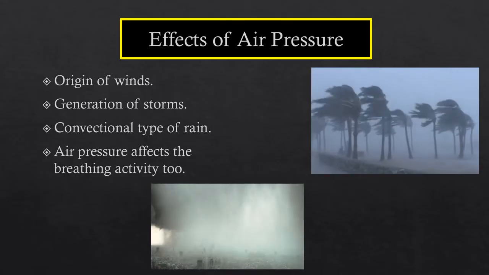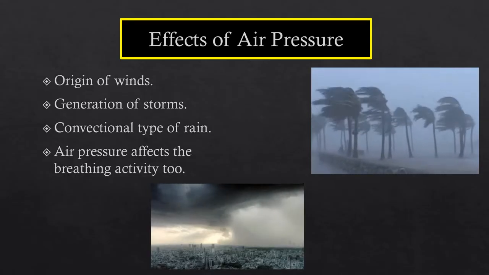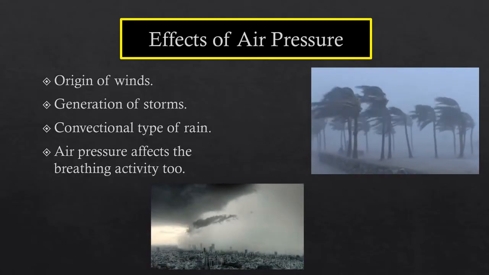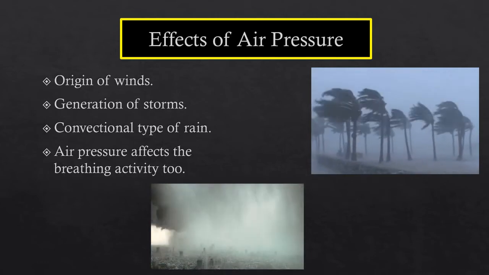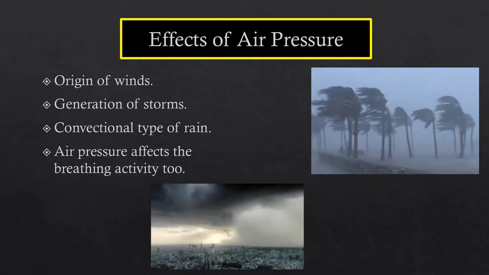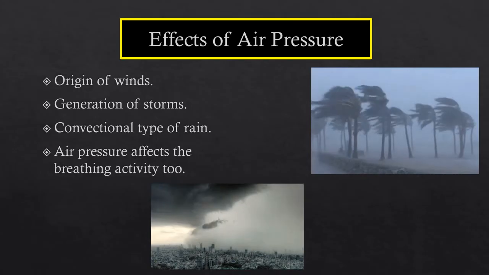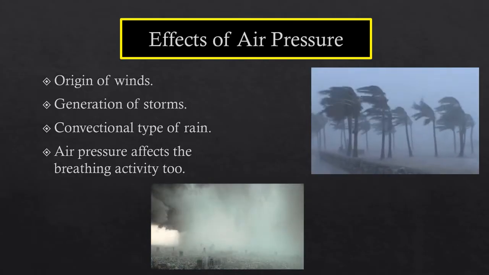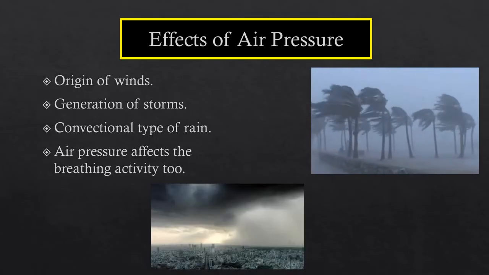After discussing what is air pressure, the relation between temperature and air pressure, and after studying the pressure belts, we can say that atmospheric pressure is an indicator of weather.